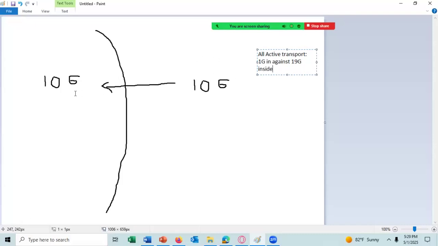One outside, 19 inside. You're pumping the glucose into the cell against a stiff concentration gradient. Gradient.